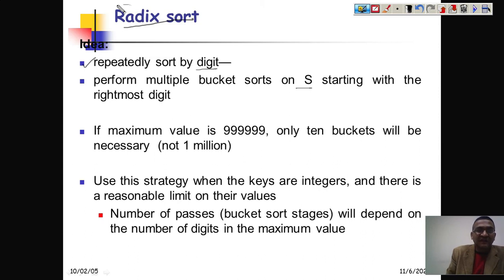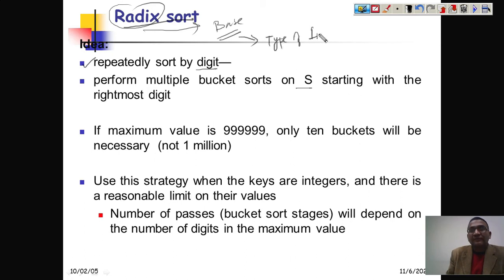When I say Radix, Radix basically refers to the base. Base means the type of input. The base defines the number of buckets required to do the entire sorting process. When we are working with integers, integers are defined by base 10.